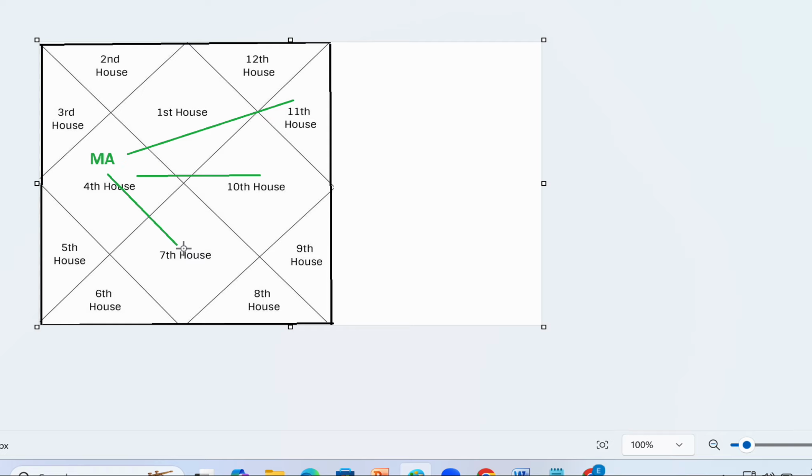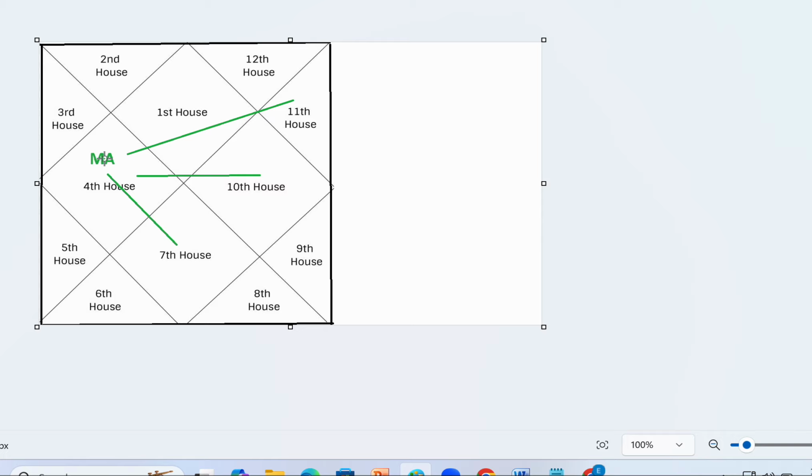And now, it is also looking at the 10th house and the 11th house. So his career also is going to suffer, because the 10th house is career and job, and the 11th house is profits. So this Mars Dasha is going to be really problematic.